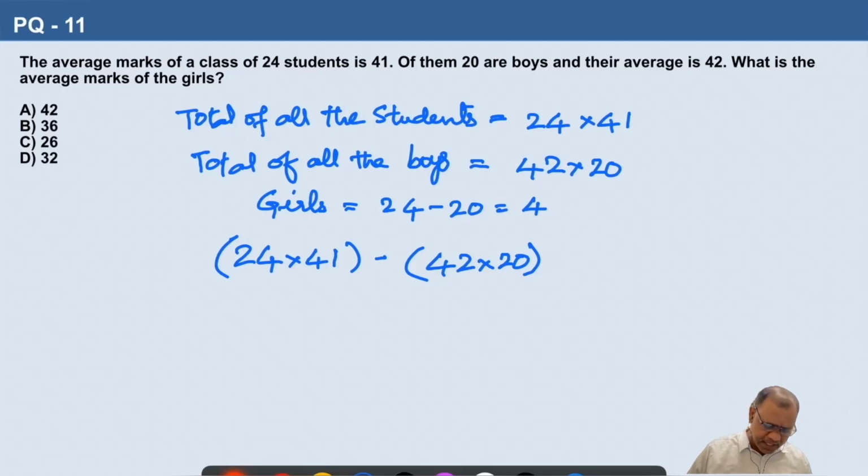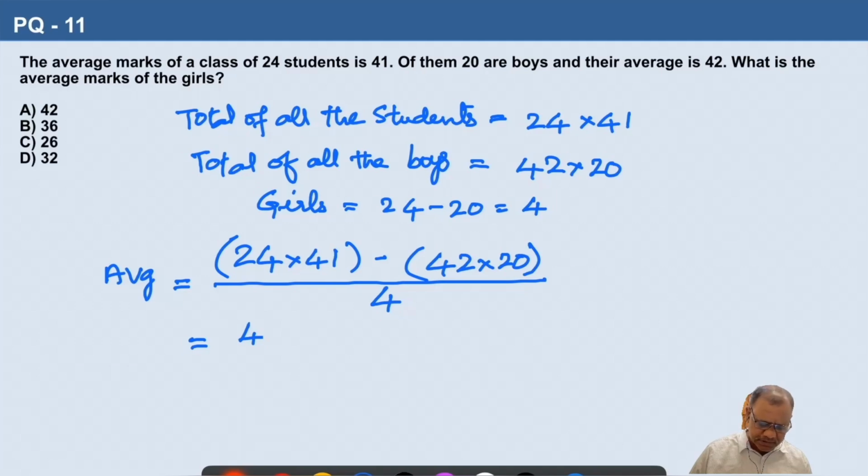To find the average of girls, this should be divided by 4 because there are 4 girls. If you simplify, you can take 4 common in the numerator.